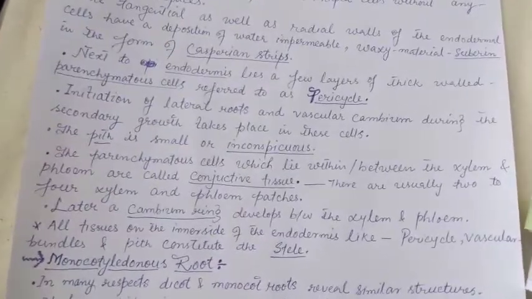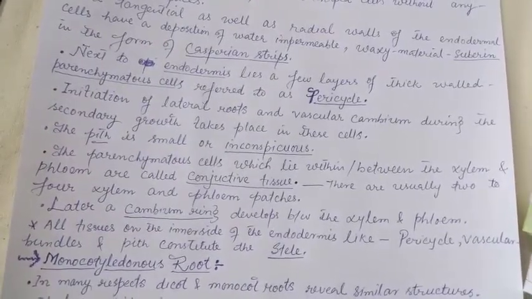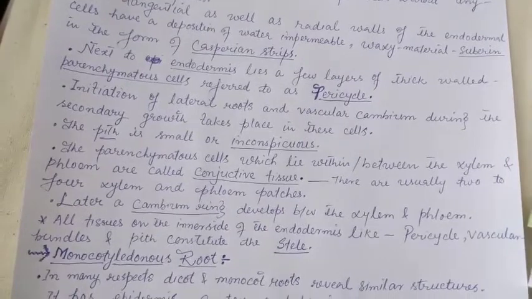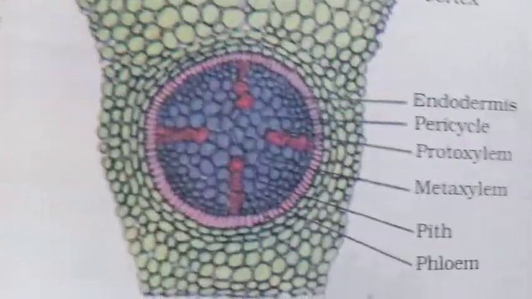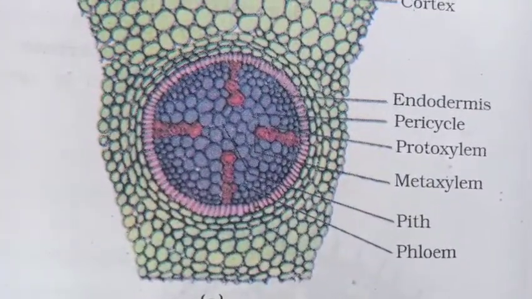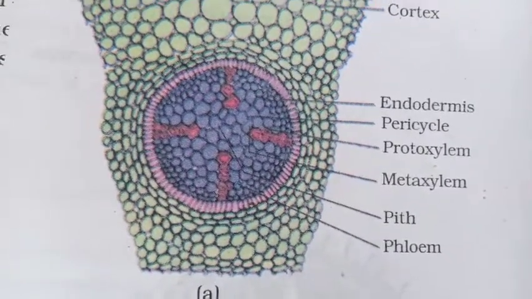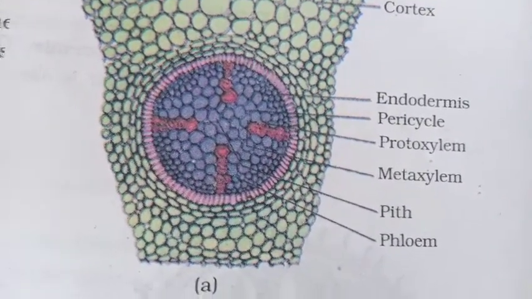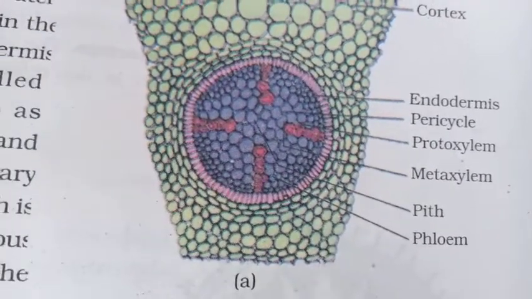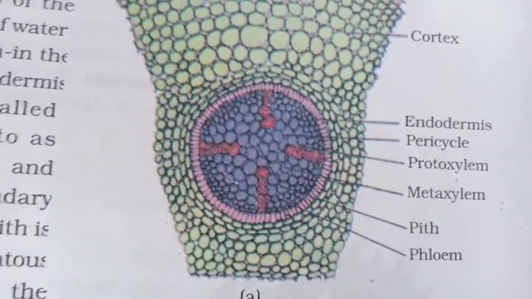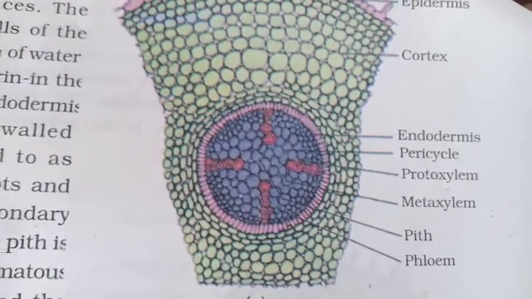All the tissues on the inner side of the endodermis, like pericycle, vascular bundles, and pith, constitute the stele. After the endodermis there is the pericycle, then xylem and phloem, the vascular tissues, and the inconspicuous pith lies in the center of this dicot root.